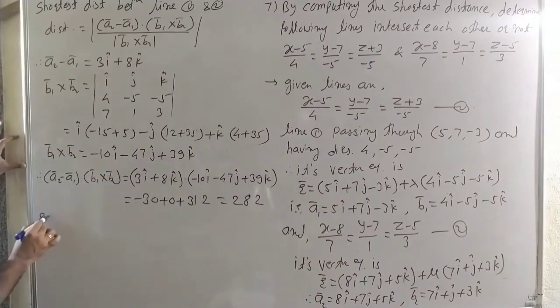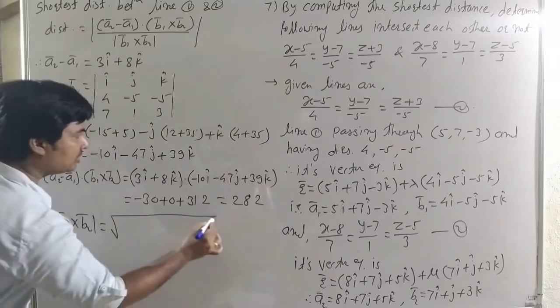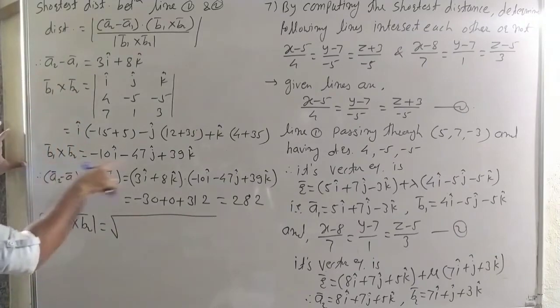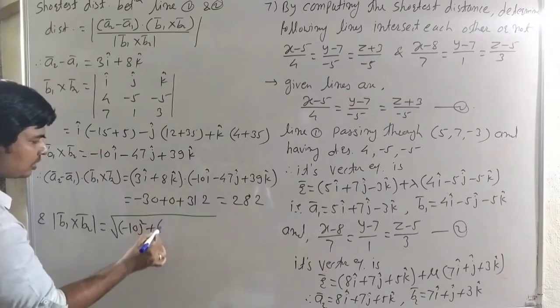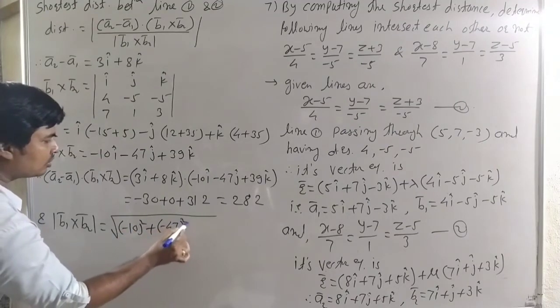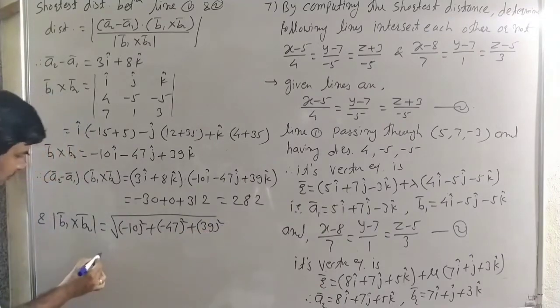Now we find the magnitude of b1 bar cross b2 bar, which is under root of this vector: minus 10 square plus minus 47 square and plus 39 square.